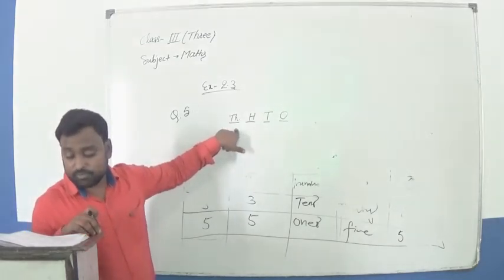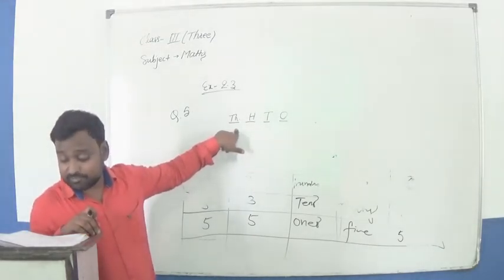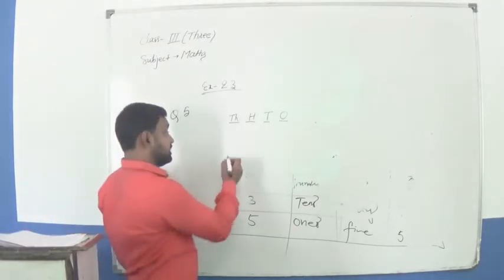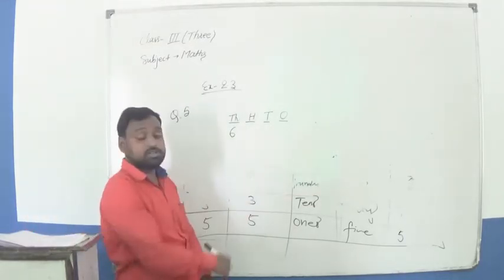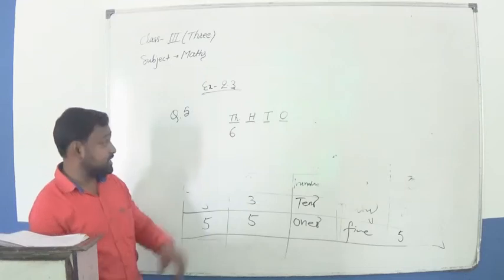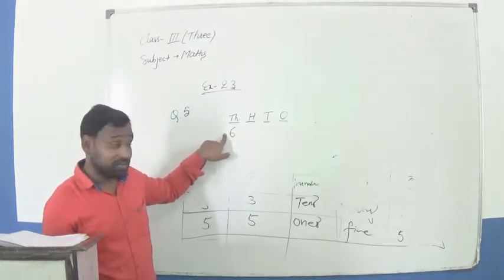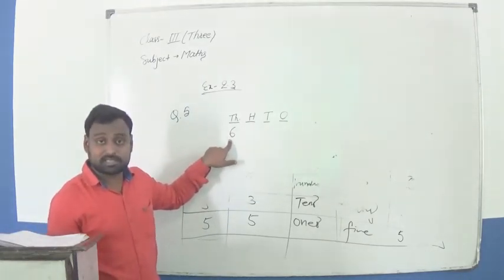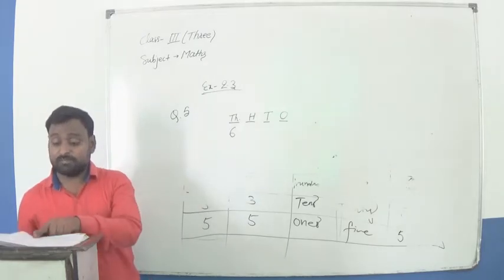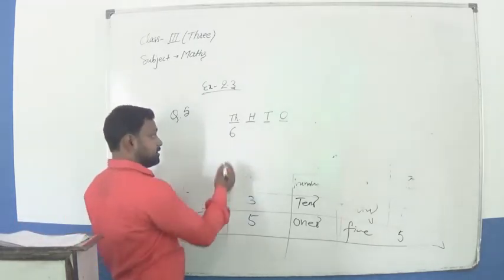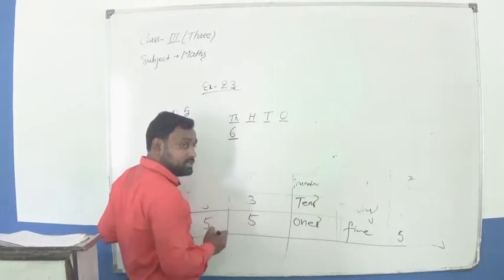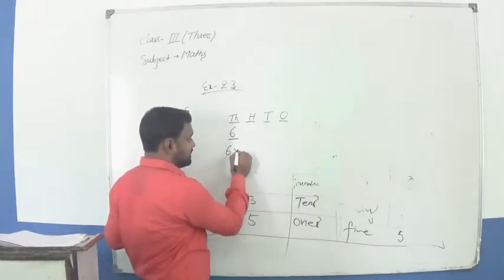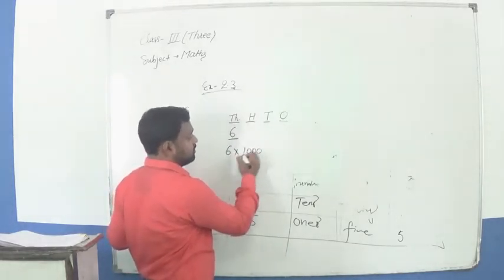The place of the digit is thousands and its face value is 6. Find the place value of the digit. What will be the place value of the digit? 6 multiplied by 1000.